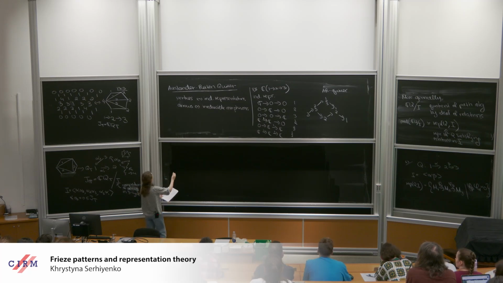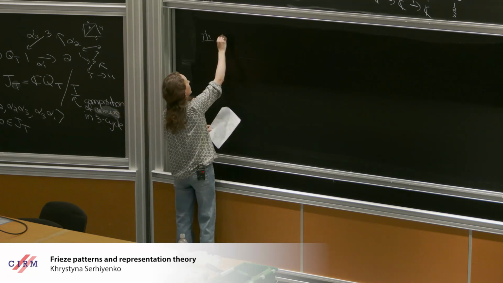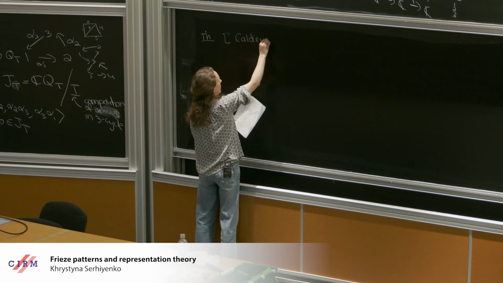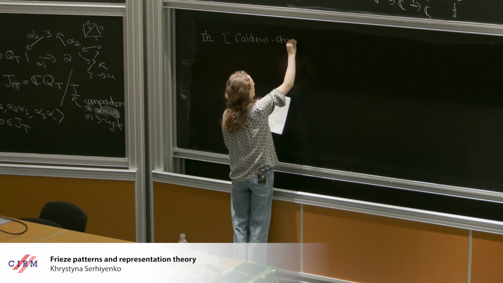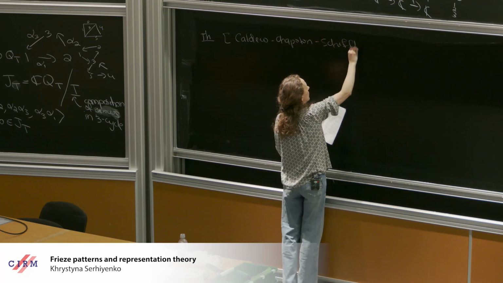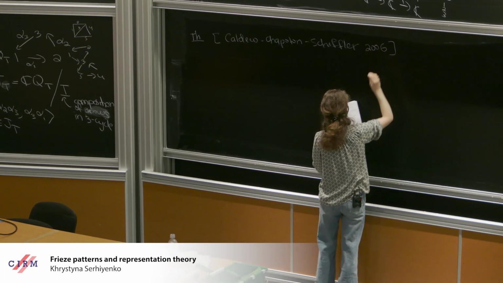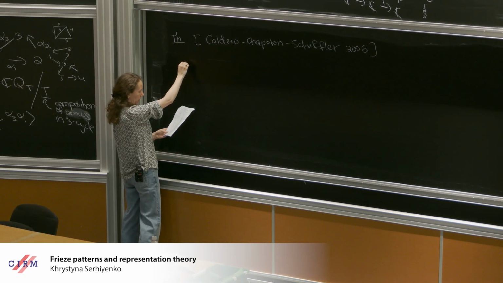Okay, so here we go back to representations. This is the work of Caldero and Chapoton from 2006. Again, T is a triangulation of the polygon.